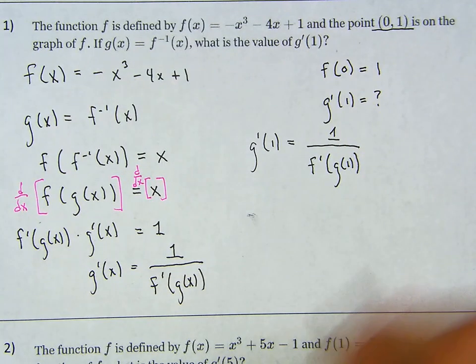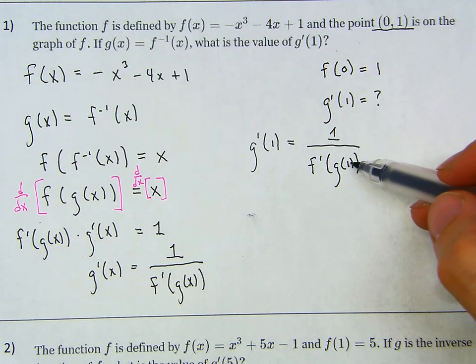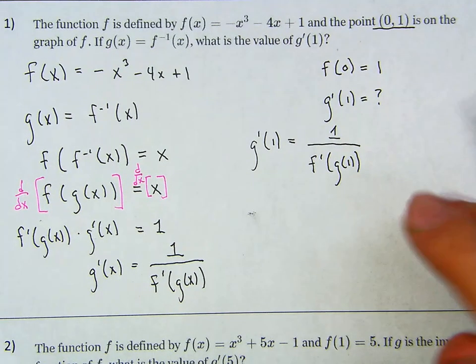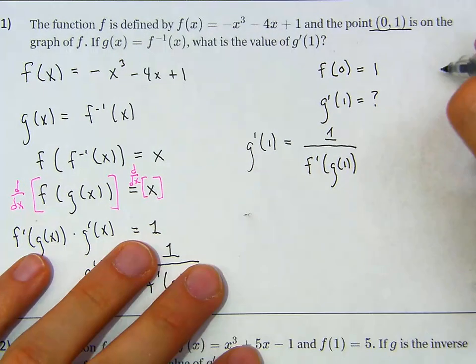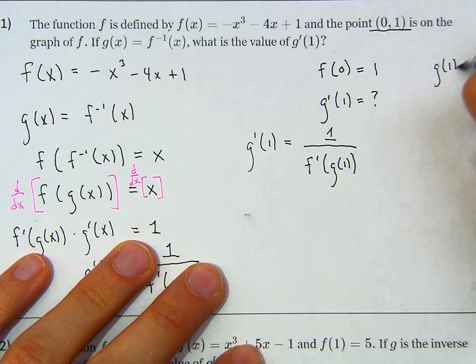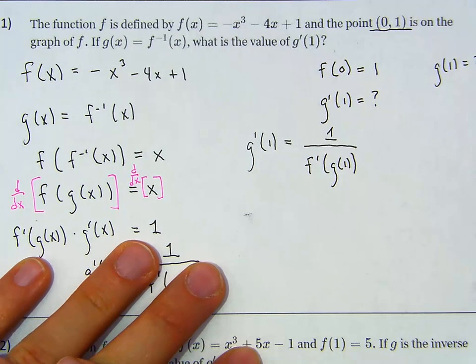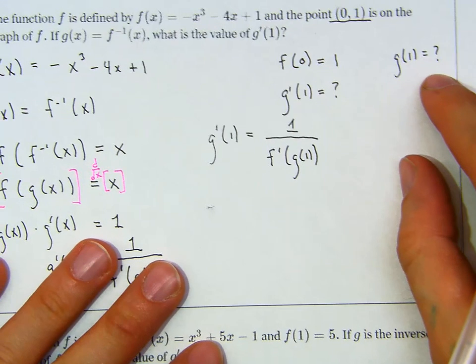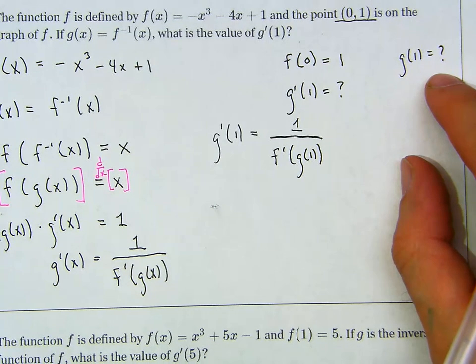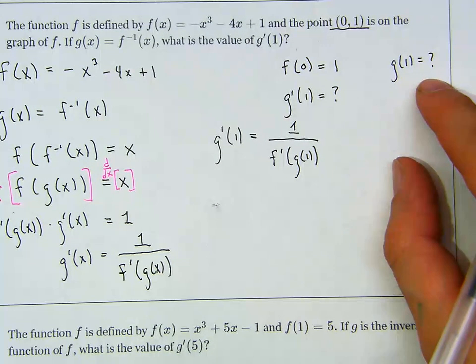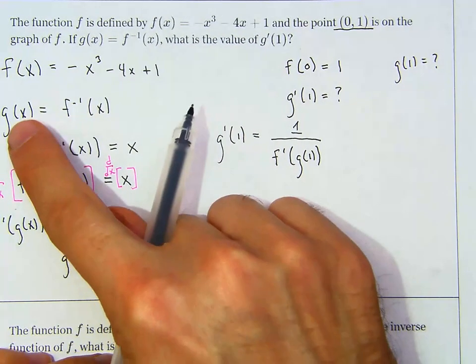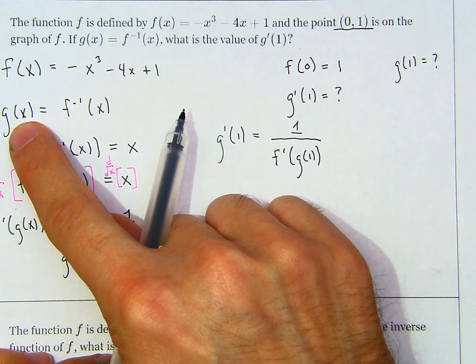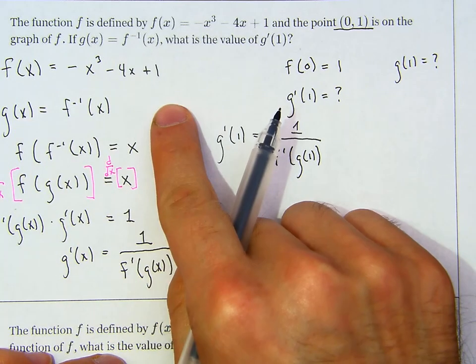Okay? Now your question, once we get to this point, is what is g of 1? What does g of 1 equal? Oh man, what does g of 1 equal? How do we figure out what g of 1 is? Well, you know that g of x is equal to f inverse of x. Okay?